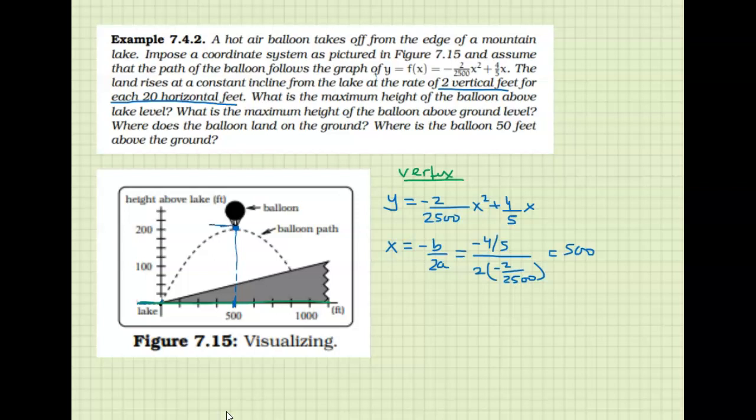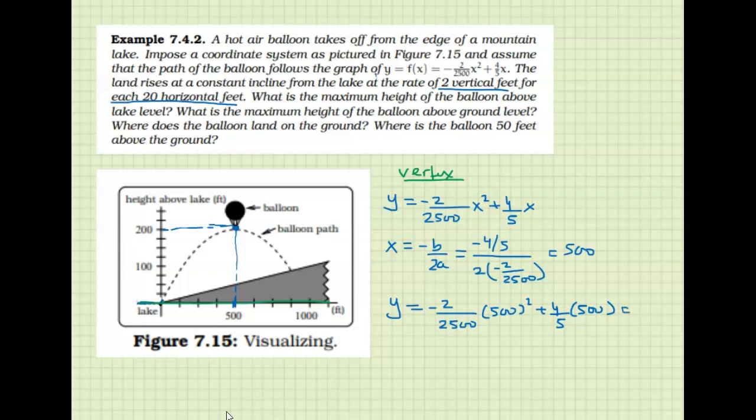The height is going to be the y value of the vertex, so plug this back in. Negative 2 over 2500 times 500 squared plus 4 over 5 times 500.